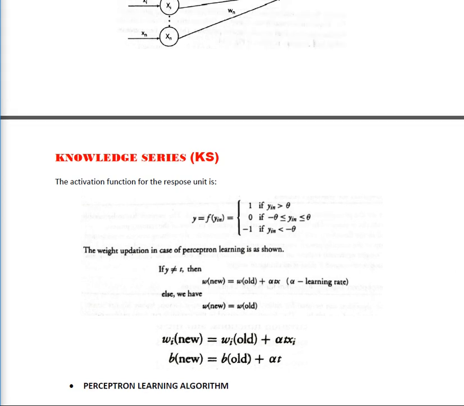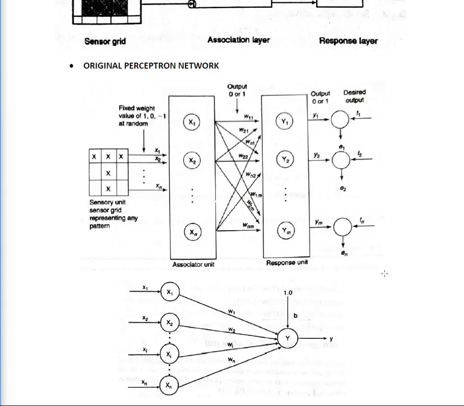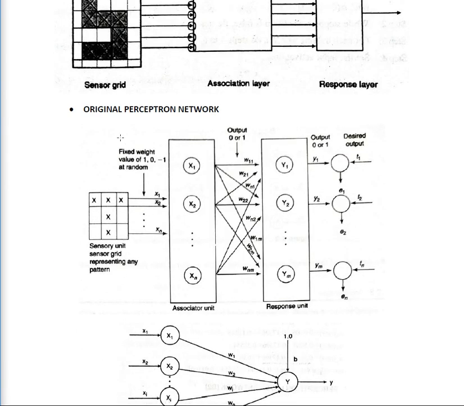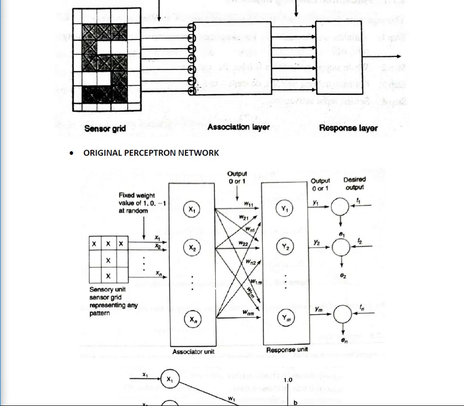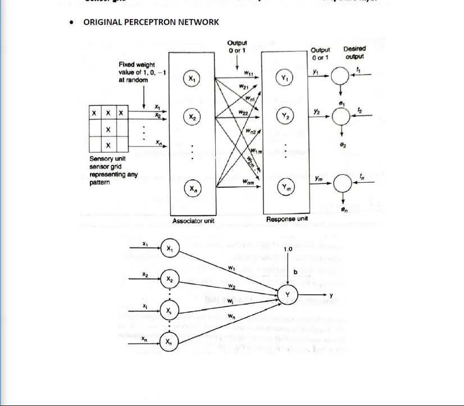For the easy way, you have to understand that there are three components here. One is the sensory unit, which is the input; another is the association unit, which is the middle point, where the association unit will be collecting the inputs; and the response is the output.